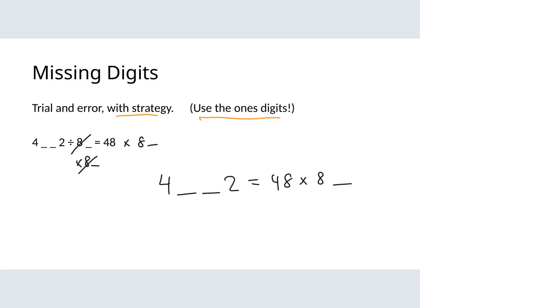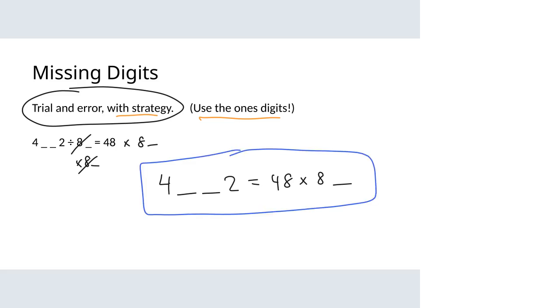The reason we would do that is because if we're going to do trial and error, I think for almost everybody, trial and error is going to be easier to do with multiplication than with division. Okay, so now I want you to think with me here. 4 blank blank 2 equals 48 times 80 blank.